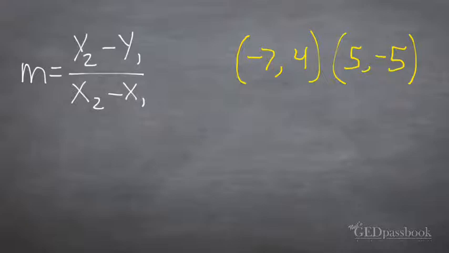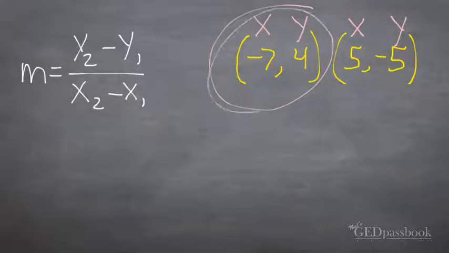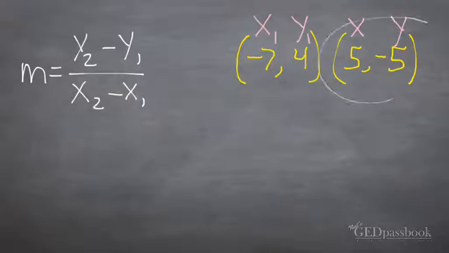Well, we already know this from yesterday. Ordered pairs are always written x, y. Because this one right here happens to be my first one, physically from left to right, that's my x1, that's my y1. Because this is my second set, that's my x2, and that's my y2.